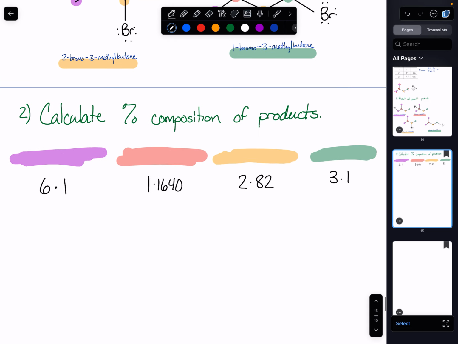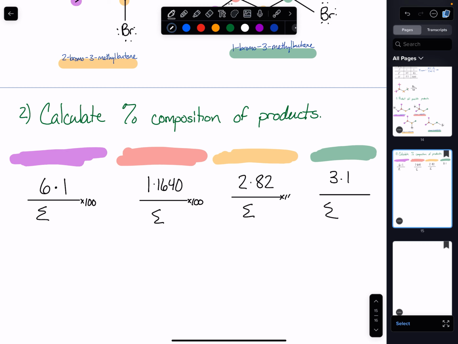Okay? And I'm going to take these all and divide it by the sum of all of these numbers together. I'm going to be lazy and just write this sum sign, and then multiply by 100 to give me a percent. Okay, I guess I should have a calculator.